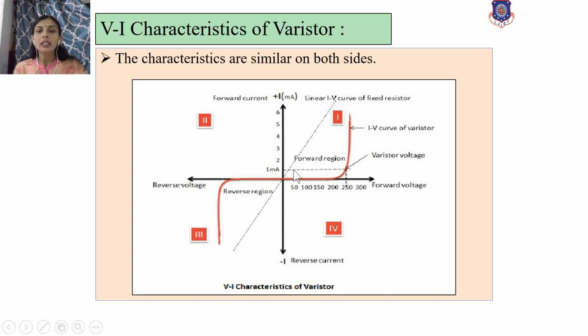And this black dotted line is the linear IV curve of a fixed resistor. So students, I want to explain the main difference between the fixed resistor and the variable resistor. The varistor is a variable resistor, and it has this non-linear characteristic shown by the red color. In the forward region and in the reverse region, the straight cross line is the linear current versus voltage characteristic curve of a fixed resistor. So this is the difference between a varistor and a fixed resistor. The varistor is a variable resistor, and this straight line, the linear curve, is a fixed resistor. So it can be easily concluded from the characteristic.